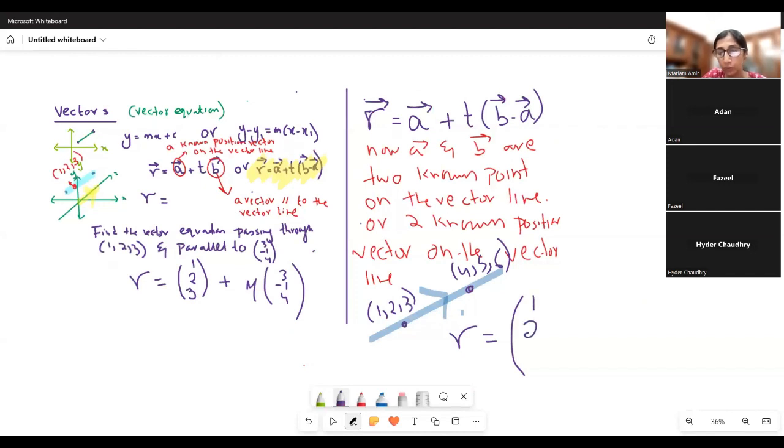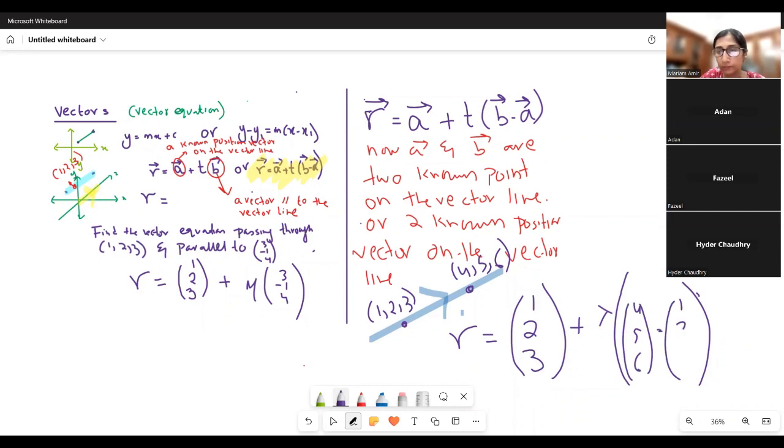For example, A is 1, 2, 3 plus T or plus mu or plus lambda. Let's use lambda now, times B minus A. Remember to use the other known point now. So that's going to be 4, 5, 6 minus 1, 2, 3.